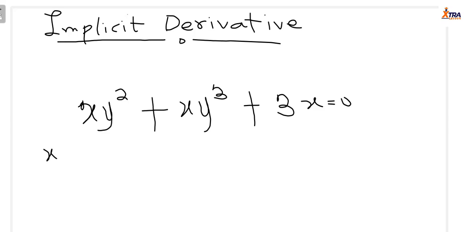The differentiation of x here is 1, so we have y raised to power 2. Now we're supposed to put the x over the x, but we don't put the x over the x. So differentiate x, we are having y squared.